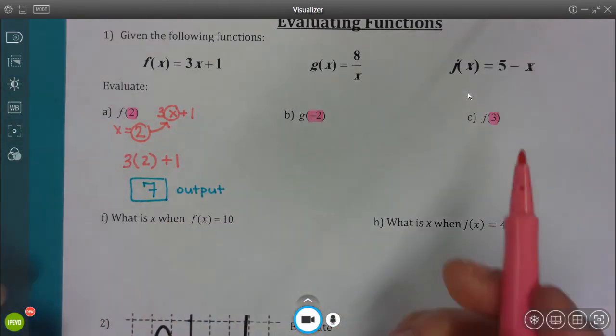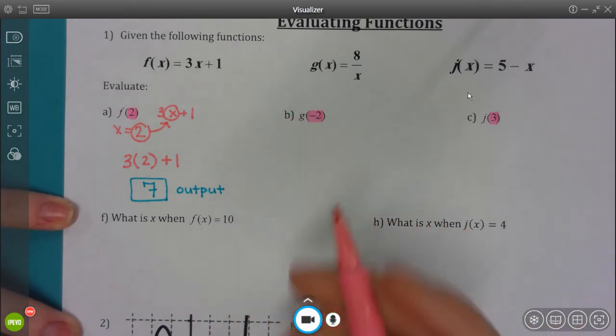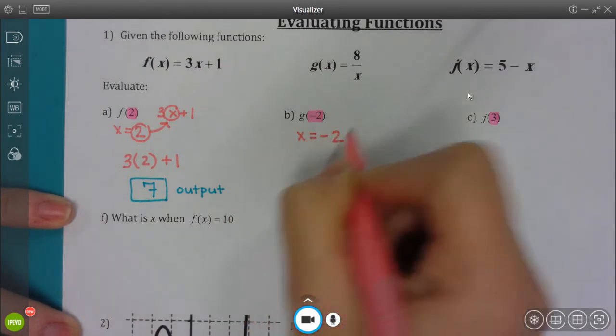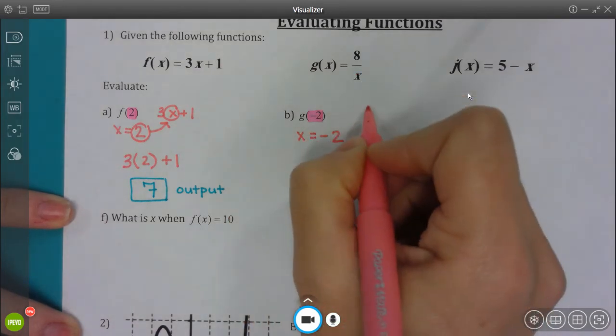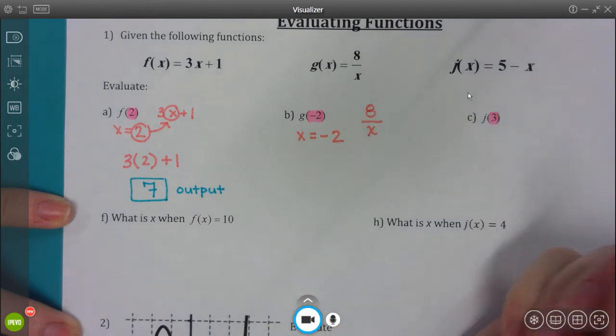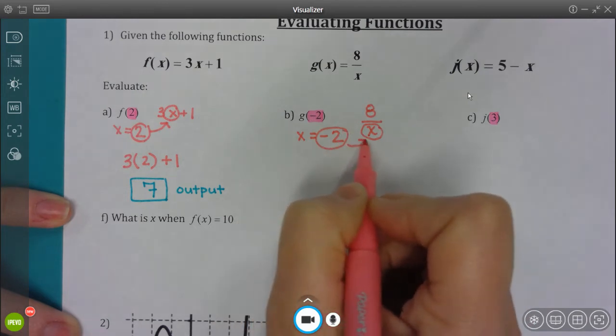So now I'm going to do the same thing with function g. So I know that my x value is now -2. My function g is 8 divided by x. So I'm going to take out x and replace it with -2.